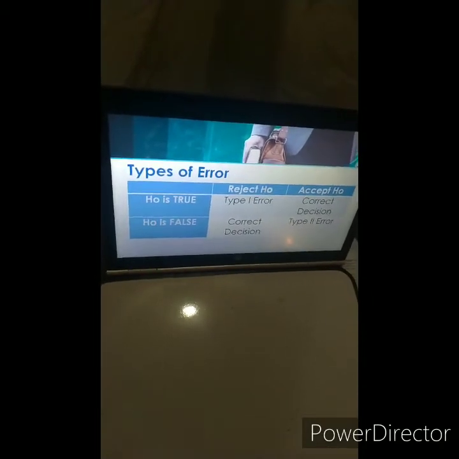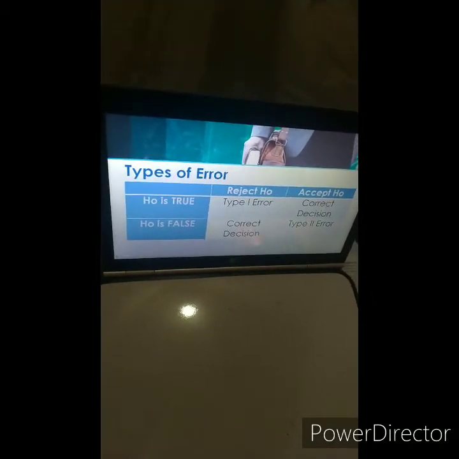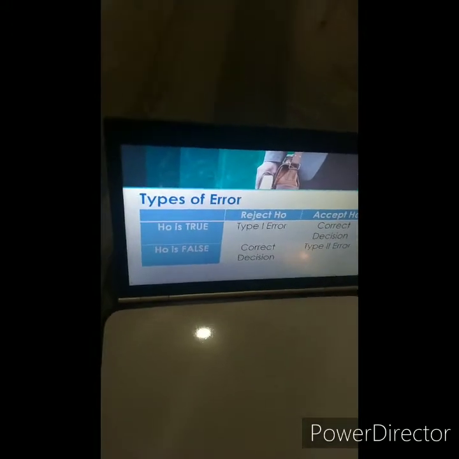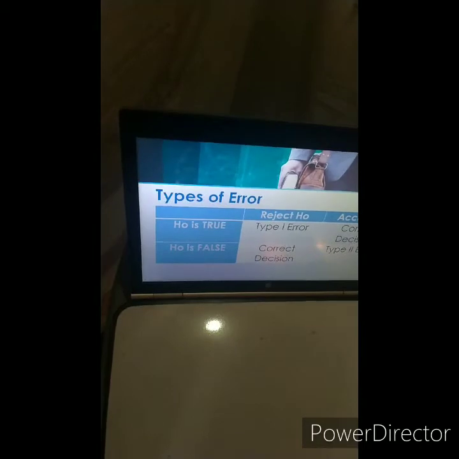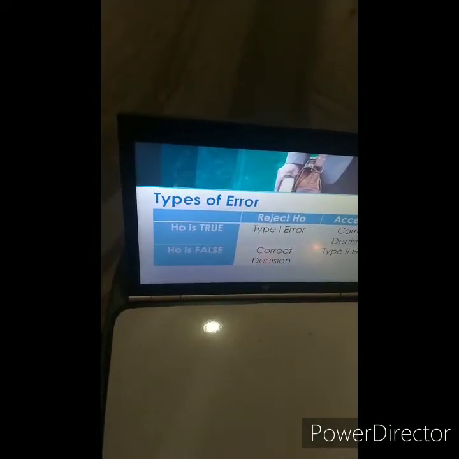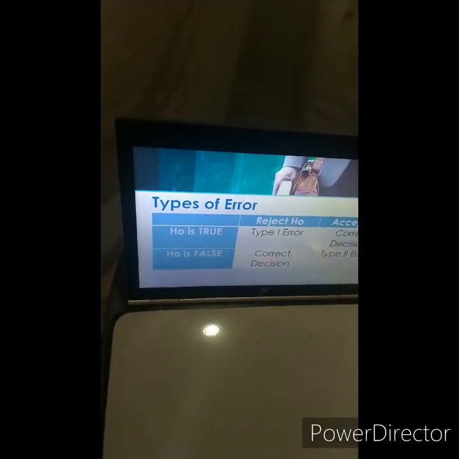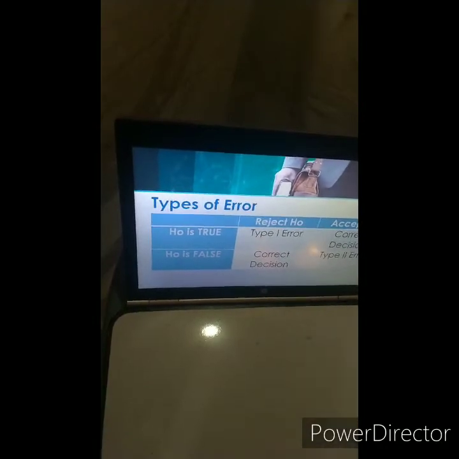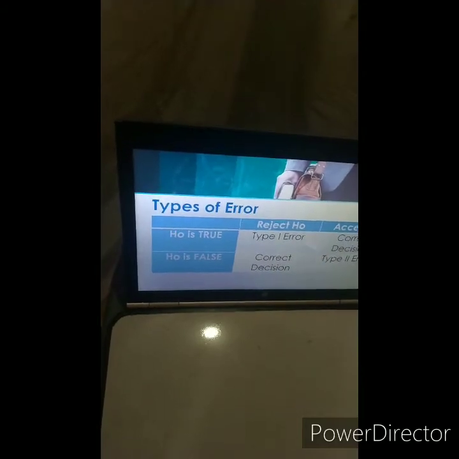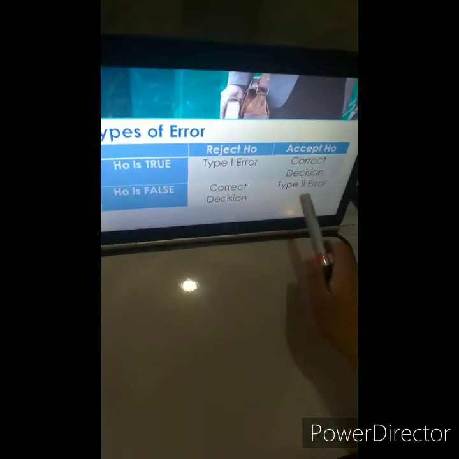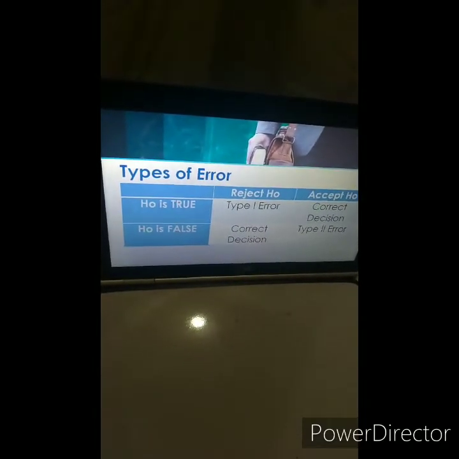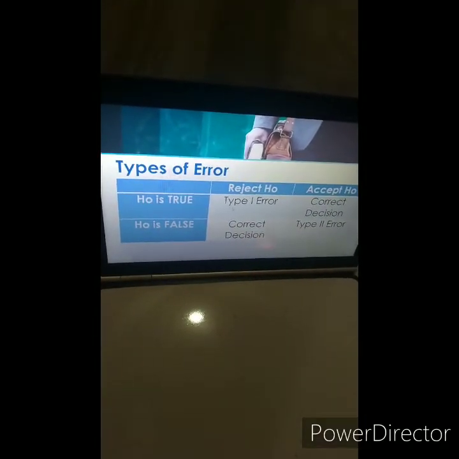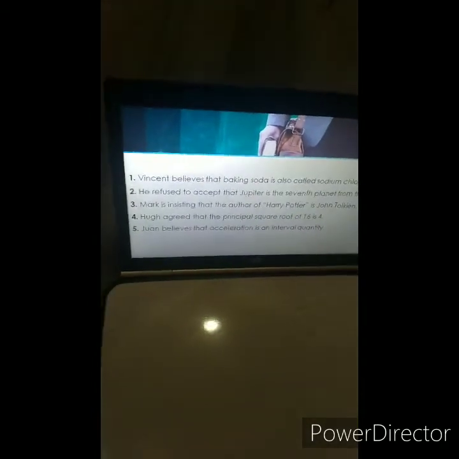He gave pieces of evidence, but those are not true evidence actually. Still, during the decision, the judge accepted the null hypothesis that Pedro is innocent, but in reality, he is actually a murderer. So the judge committed a type 2 error. Okay, so that is type 2 error.